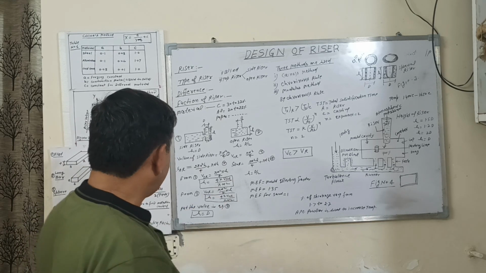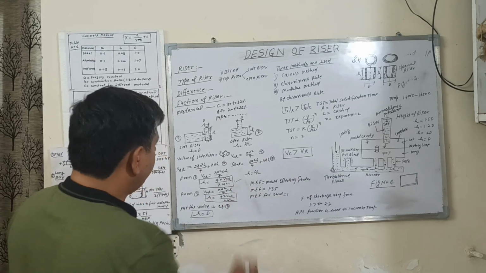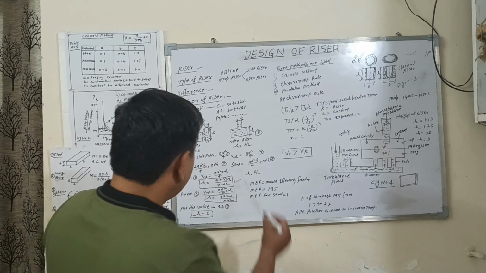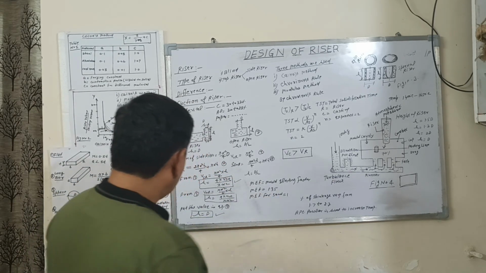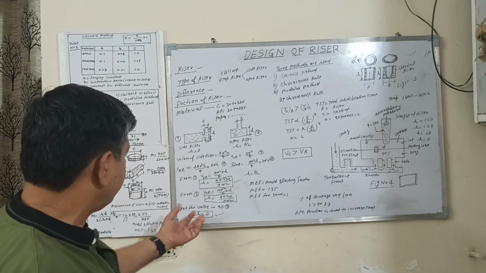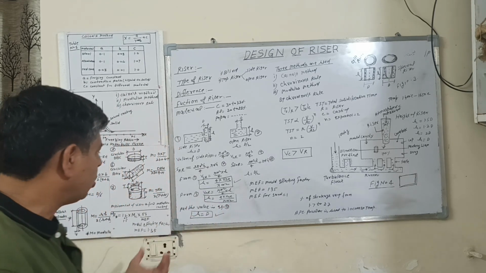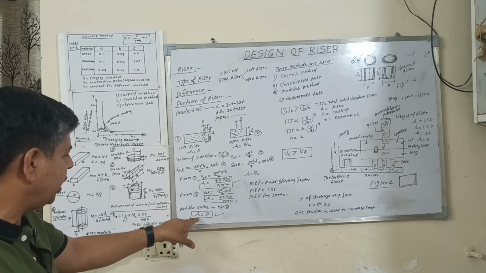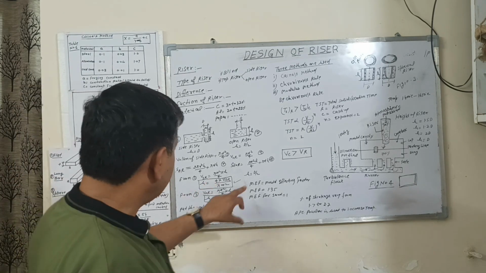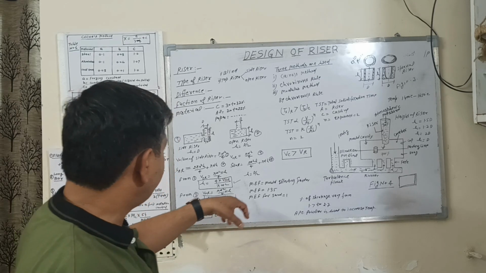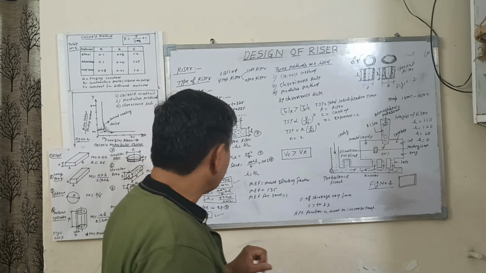Put the value of h in equation number 2. Then differentiating with respect to d, you calculate h is equal to d. Same thing for the open riser, h is equal to d by 2. So from equation number 4.